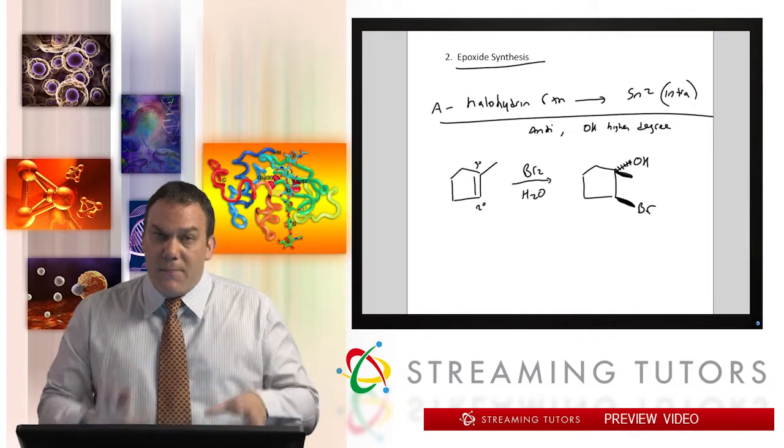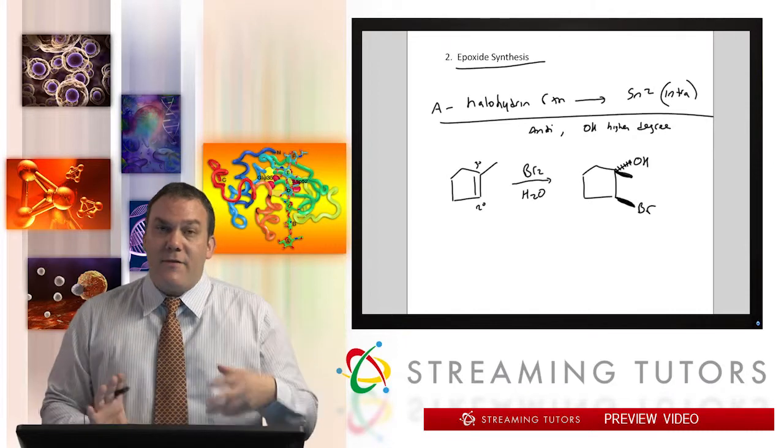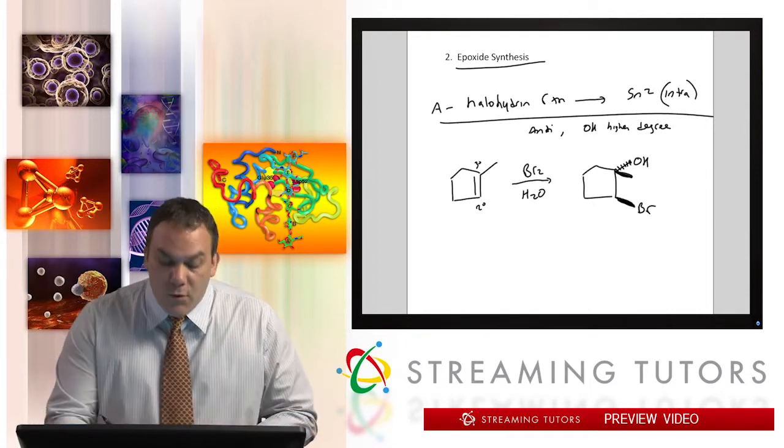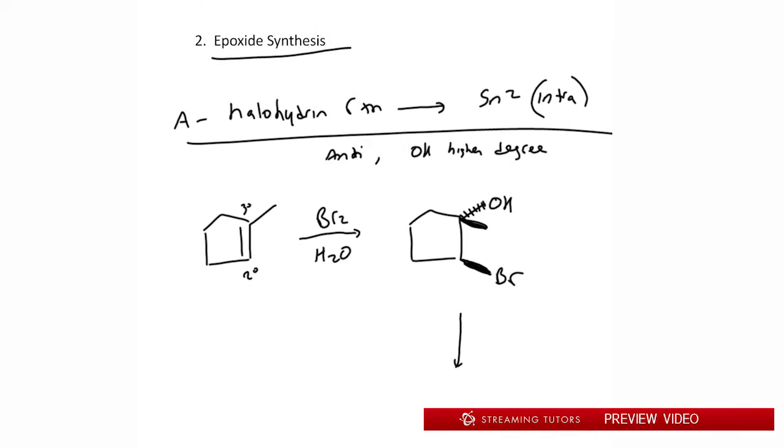Now, what's interesting about this is that once you add it together this way, notice that the OH is exact backside of the Br. So if I was to use a base, I'll write A minus, but it doesn't matter. It could be, for example, NaH or NaNH2 or NaOH, or lithium with an R group.